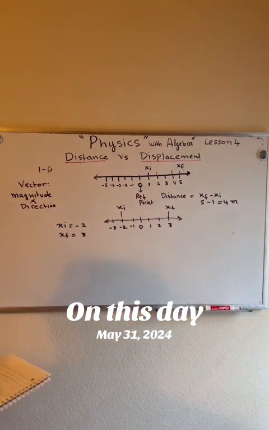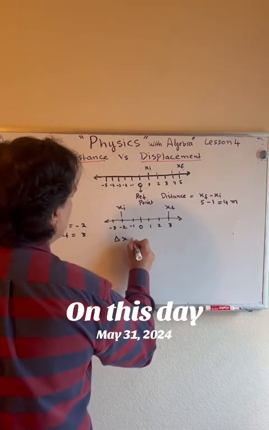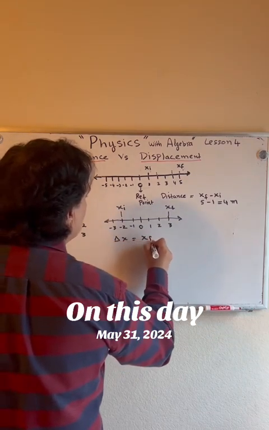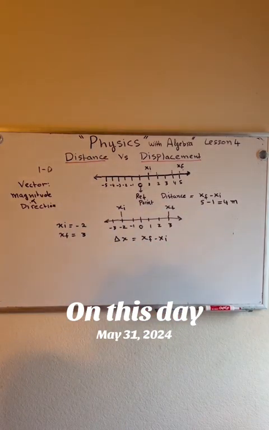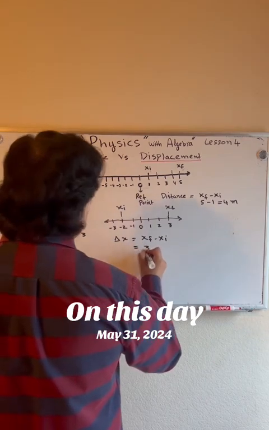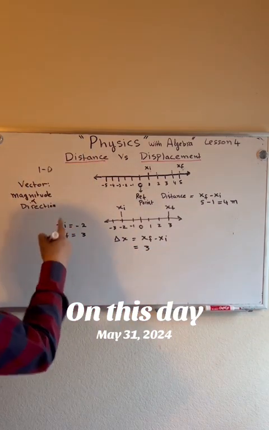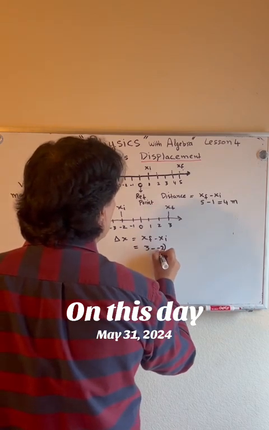First of all, let me ask you this. How would you find the displacement, okay? Well, delta x is equal to xf minus xi, okay? So what is xf in this case? xf is 3, and xi is -2, so it's going to be minus minus 2, right?